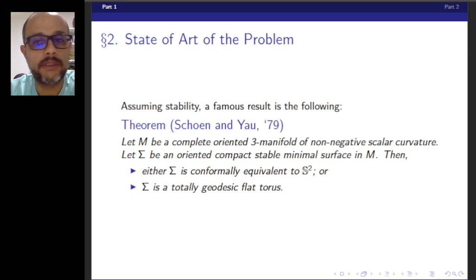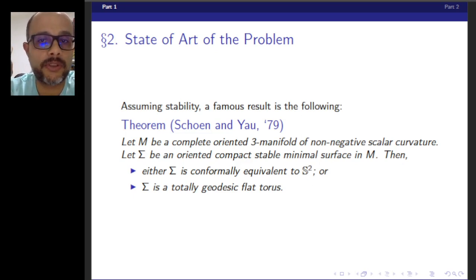So they were able to say the topological characteristic of the surfaces. In the case of genus 1, you are able to say something more. You say that the hypersurface is totally geodesic and flat. Okay, so it's a beautiful result.